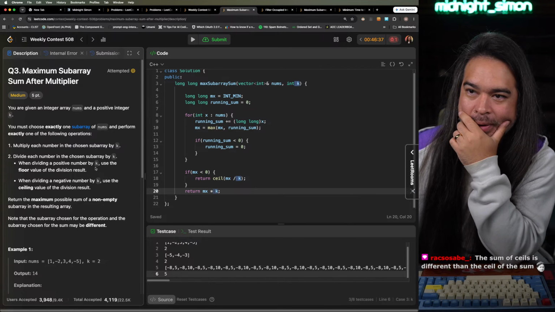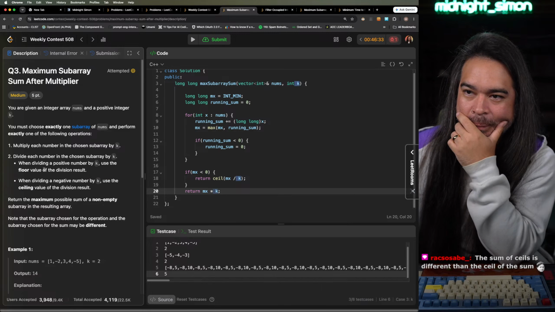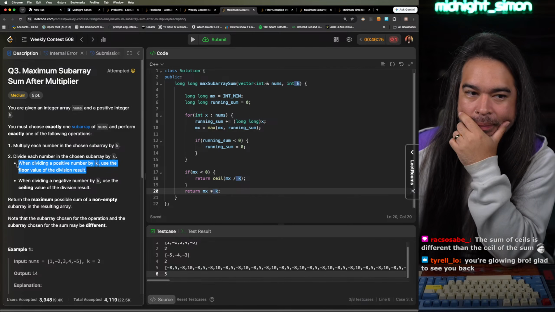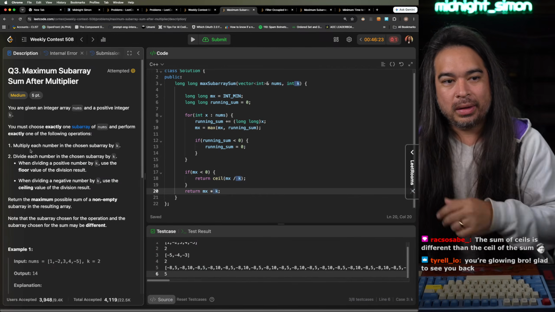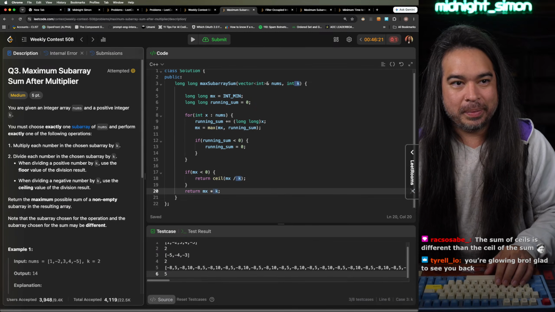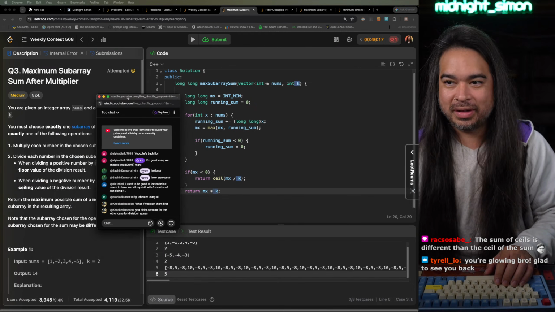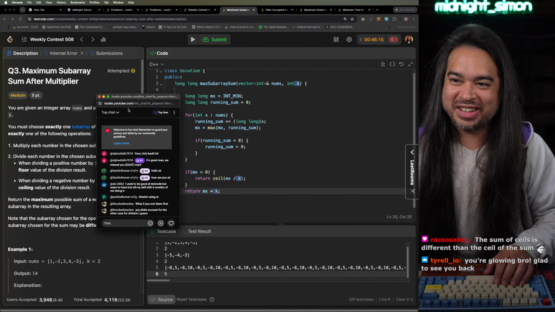When dividing positive. Oh, wait. I don't know, man. I don't know. You didn't account for the other cases for division. Yeah, something ain't right. I don't know what yet.